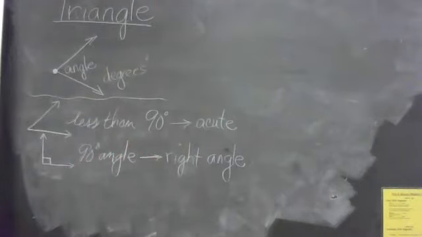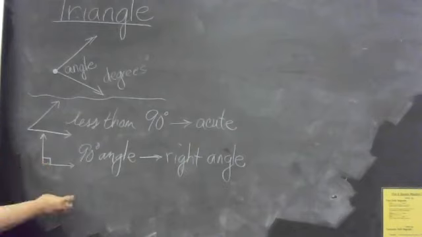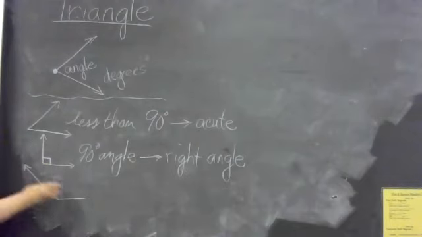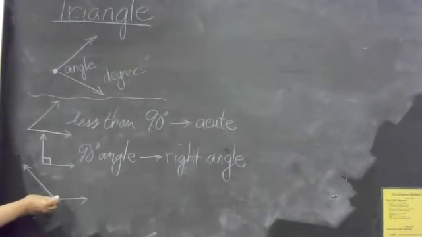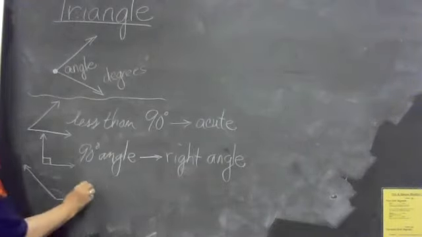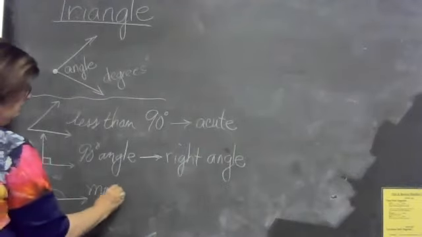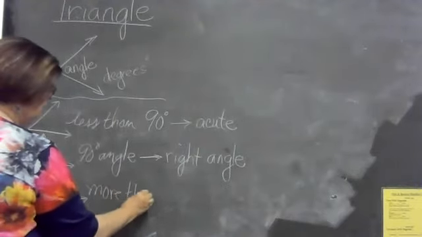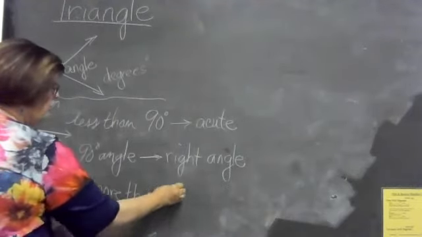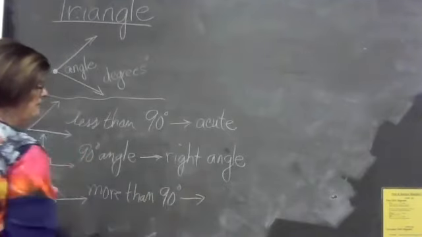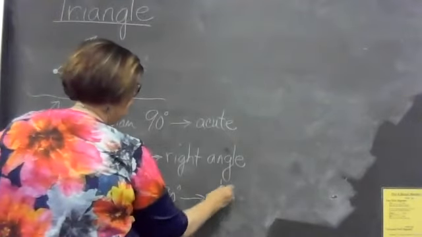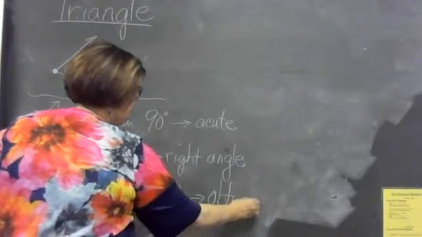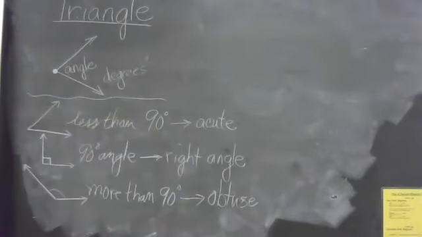So the only one we have left is one that is larger than 90 degrees. Maybe it comes like this. See how far open it is? This angle is really big. More than 90 degrees is called an obtuse angle.